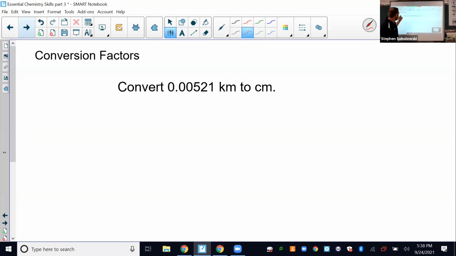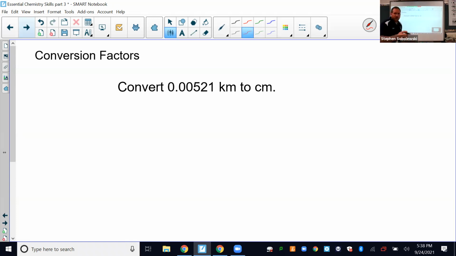But the concept of conversion factors goes well beyond those 6 prefixes. So I want to demonstrate not just sweeping the decimal point. Let's go through the actual process. So what we need to do is decide on a path to go from kilometers to centimeters.